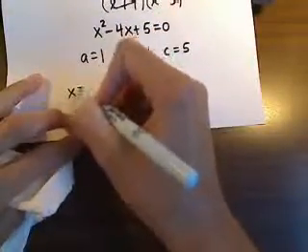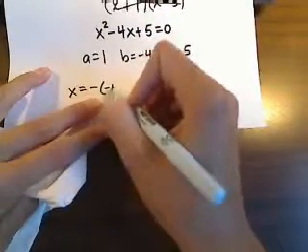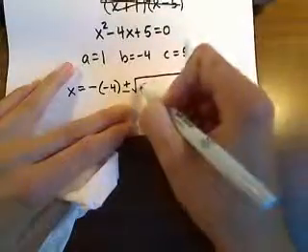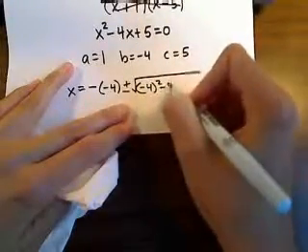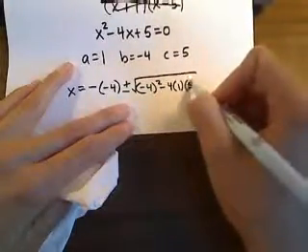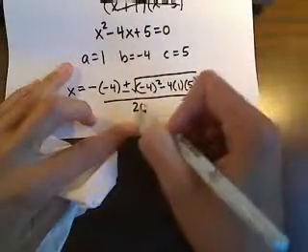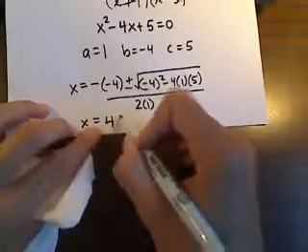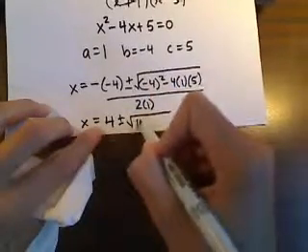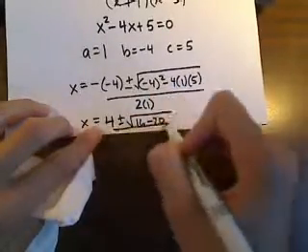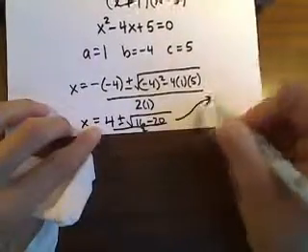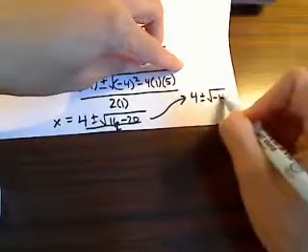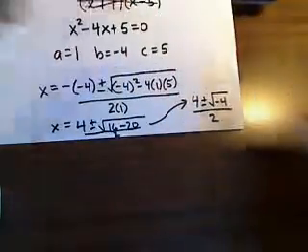And x is equal to the opposite of negative 4, I'm using the quadratic formula, plus or minus the square root of b squared minus 4 times a times c all over 2 times a. Okay, so this is positive 4, plus or minus, this is 16 minus 20 all over 2. So this is 4 plus or minus the square root of negative 4 all over 2.